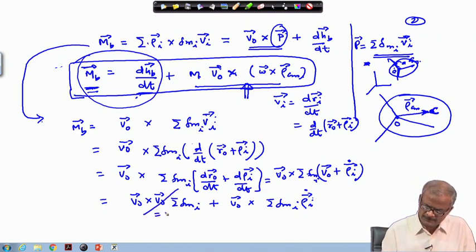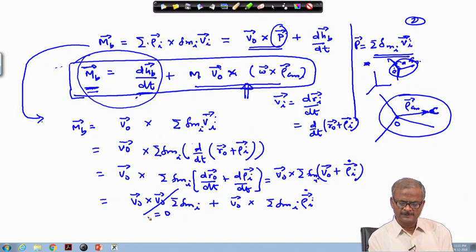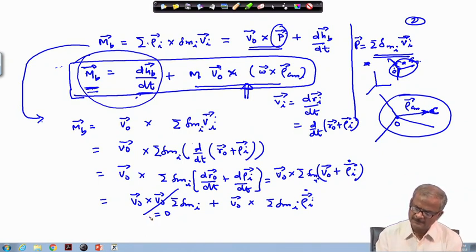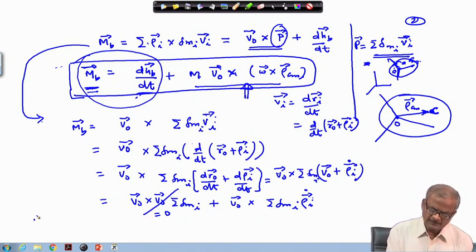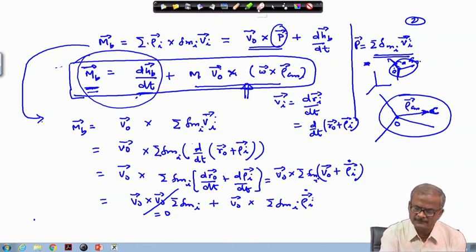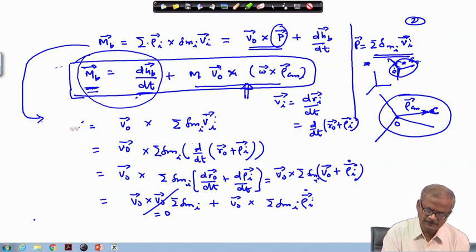So, this term gets reduced to 0 because it is the cross product of the same vector, and therefore this is not m_b here, again we should modify this.